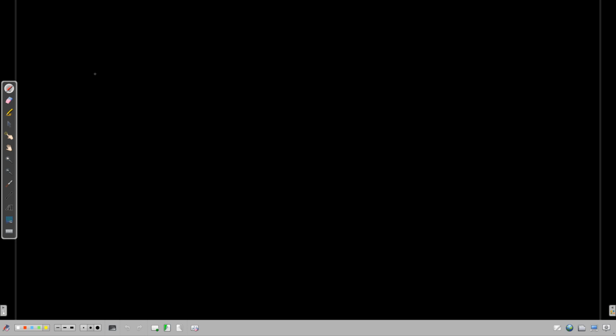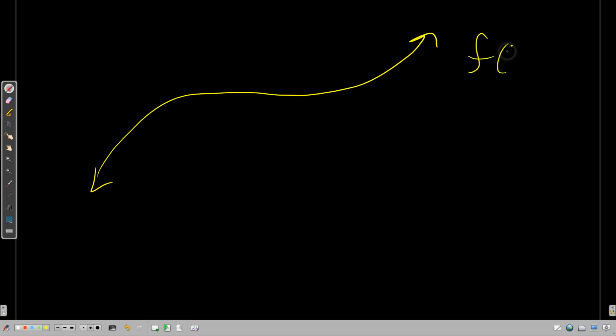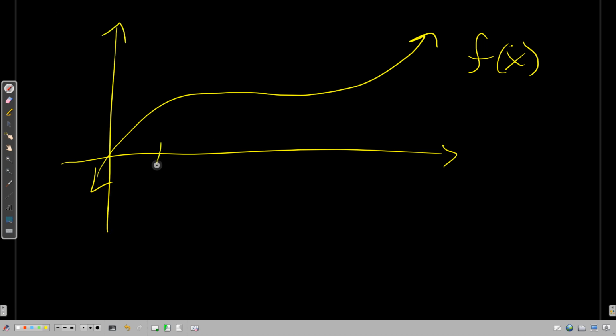Something that was pretty neat that you would have studied was average value of a function. So, you have some function here, makes a graph, and you want to talk about its antiderivative from a to b.